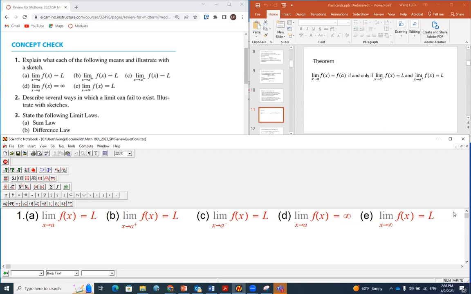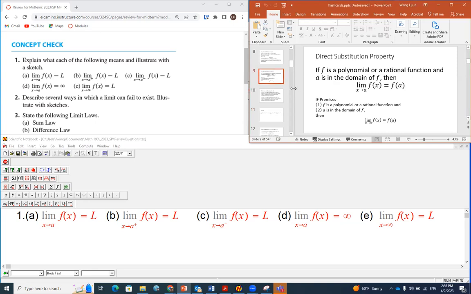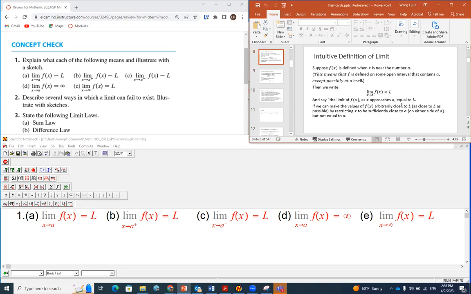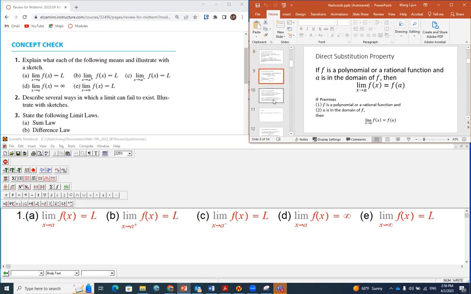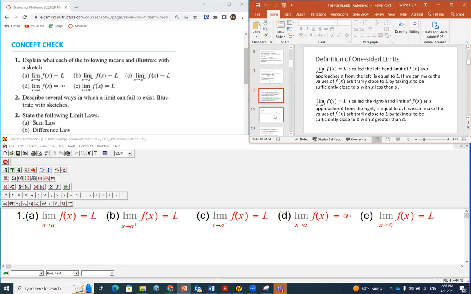For example, on the one-sided limit, right? So intuitive definition of limit, that's direct substitution. One-sided limit for the left is called a left-hand limit, as x approaching a from left.